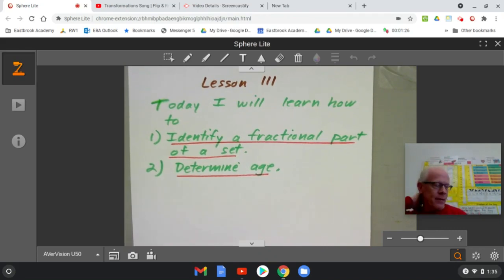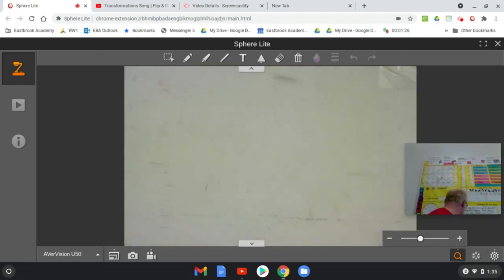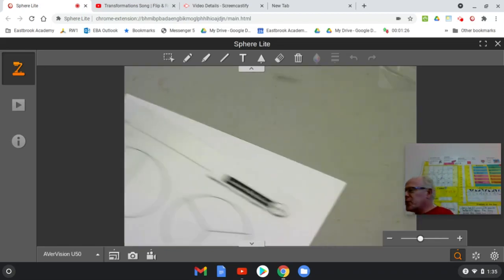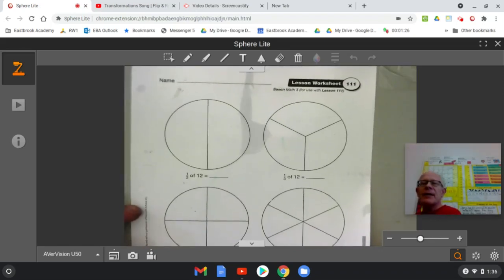Okay? First off, let's just jump into identifying a fractional part of a set. And what I would like you to do is take out this worksheet, worksheet 111. It looks like this.